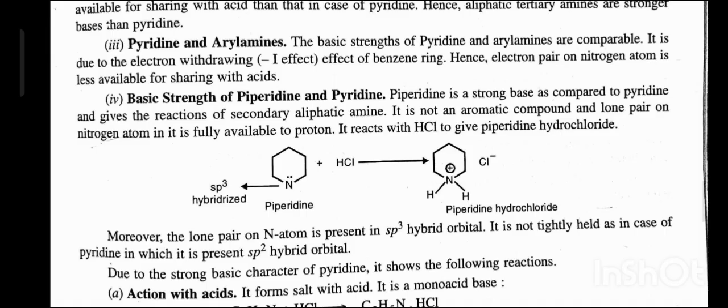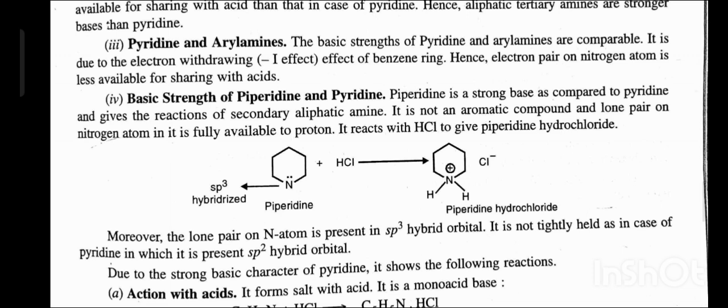It is not an aromatic compound and the lone pair on its nitrogen atom is fully available to protonate. It reacts with HCl to give piperidine hydrogen chloride. Moreover, the lone pair on the nitrogen atom is present in an sp3 hybridized orbital. It is not held as tightly as in pyridine, in which it is present in an sp2 hybridized orbital.